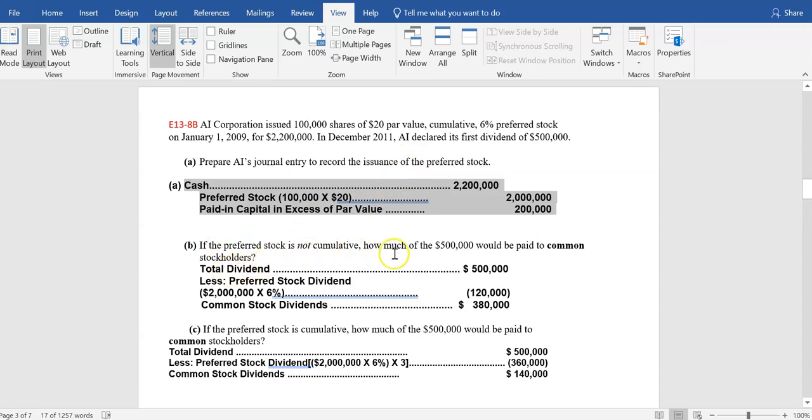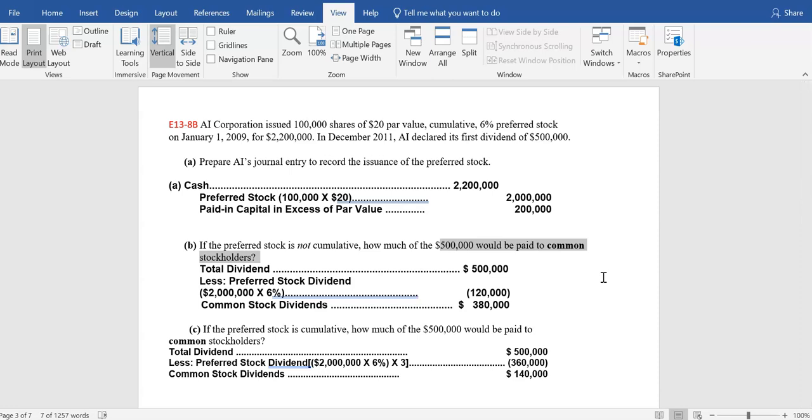If the dividend is not cumulative, how much of the $500,000 dividend would be paid to common stockholders? What do I mean by cumulative? Not cumulative preferred stock means any unpaid dividends that belong to the preferred shareholders in prior years are not kept track of.